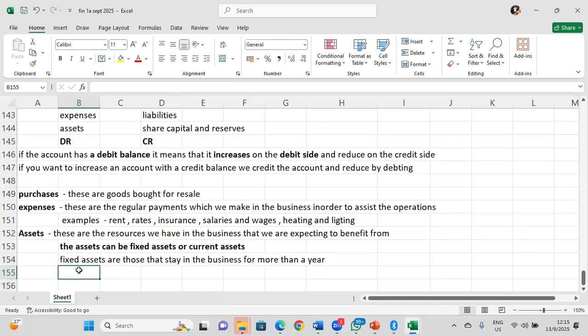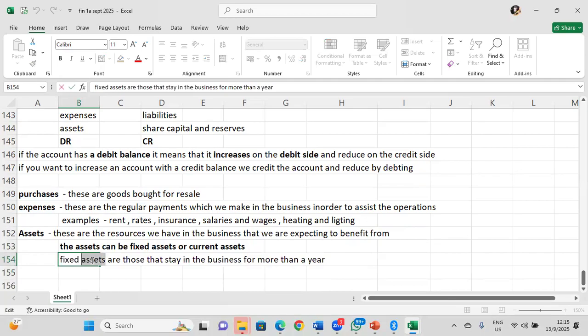Then we have the assets that stay in the business for less than a year. Those are current assets.